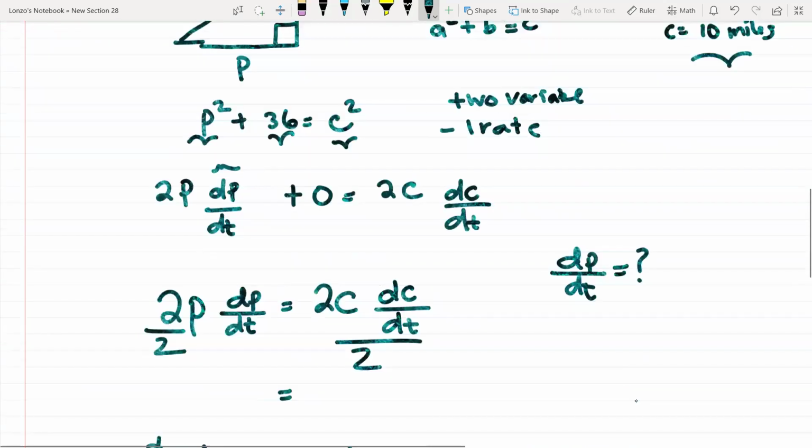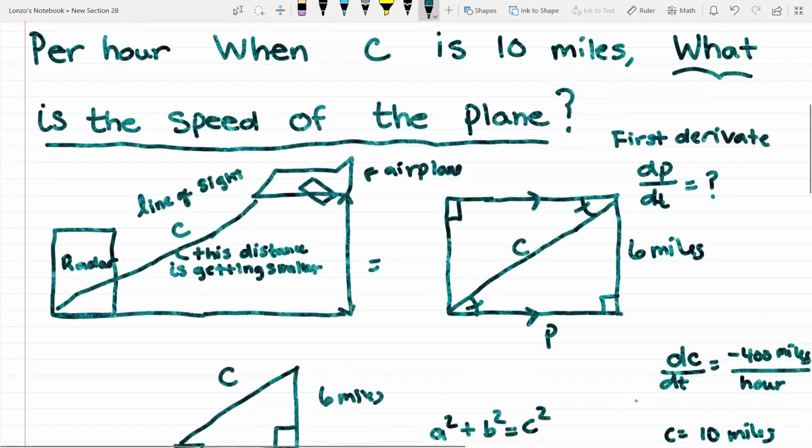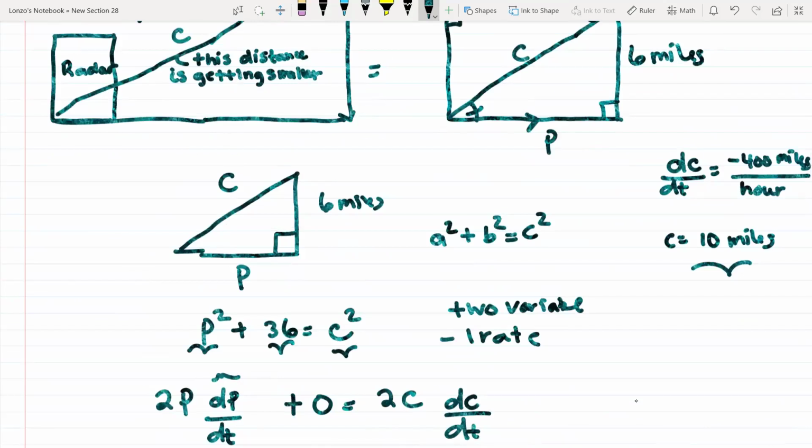We do, actually. If we go back to our right triangle right here, we said that this c value was 10, so we could find our p-value. That's what I should have done. So let's go back to this right triangle and replace c with 10, and then solve for p.